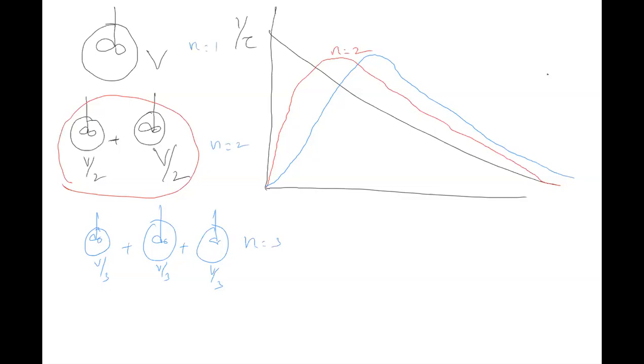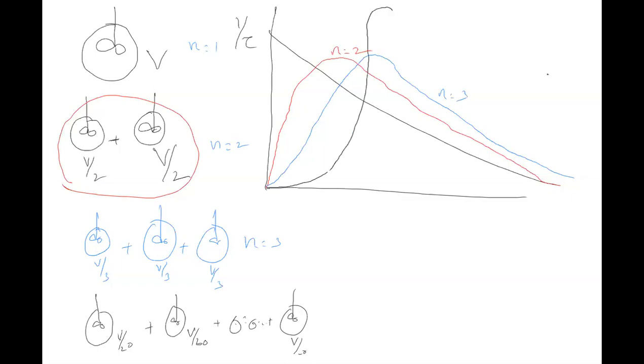Suppose I split into, let's say, 10 CSTRs or 20 CSTRs, V by 20, V by 20 and so on. How does the RTD look like? This is n equal to 3. So when n equal to 20, this is how the RTD looks like.